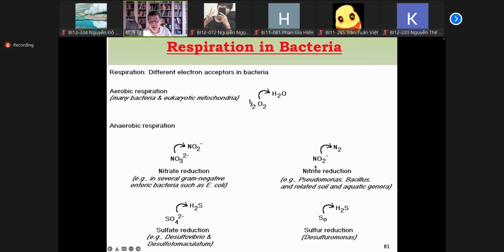Nitrite is reduced to nitrogen gas. Such as sulfur, elemental sulfur reduced to hydrogen sulfide. Sulfate is reduced to hydrogen sulfide. So these processes are the field of bacterial physiology, which are specific to the bacteria, not a human being. We human beings have to have oxygen to have the respiration. So these are the differences.